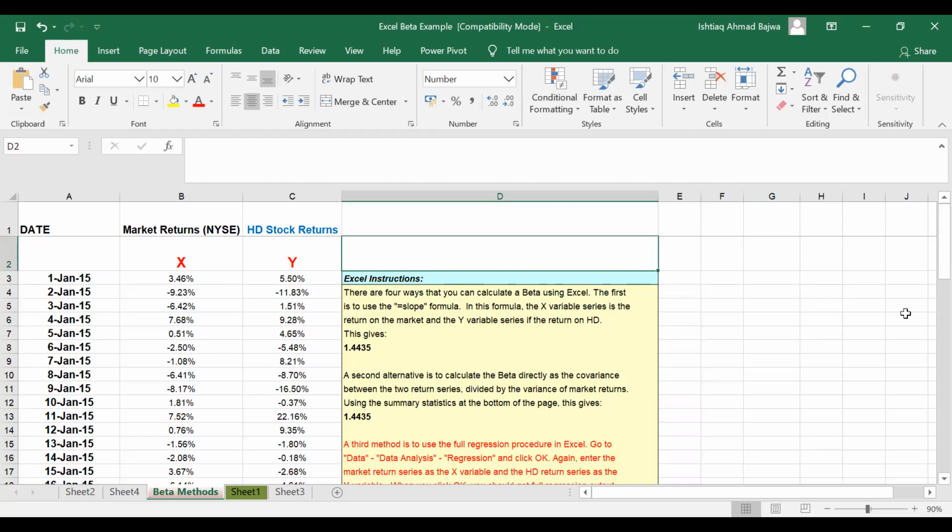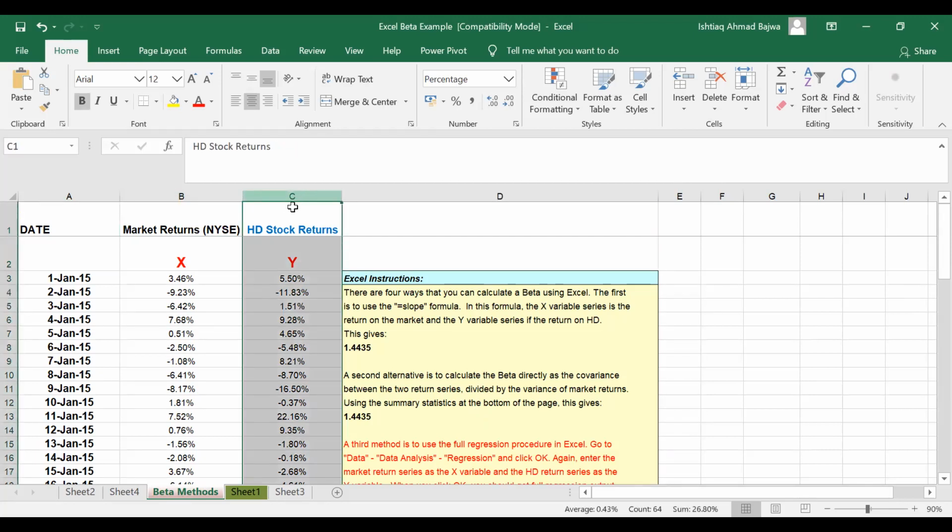In this beta methods file, there are many windows, many sheets. In one of the sheets, which is beta methods, you can see there are two things given. Return on a stock. This is HD company. HD is a very famous IT company. You know, we have hard disk and many things.